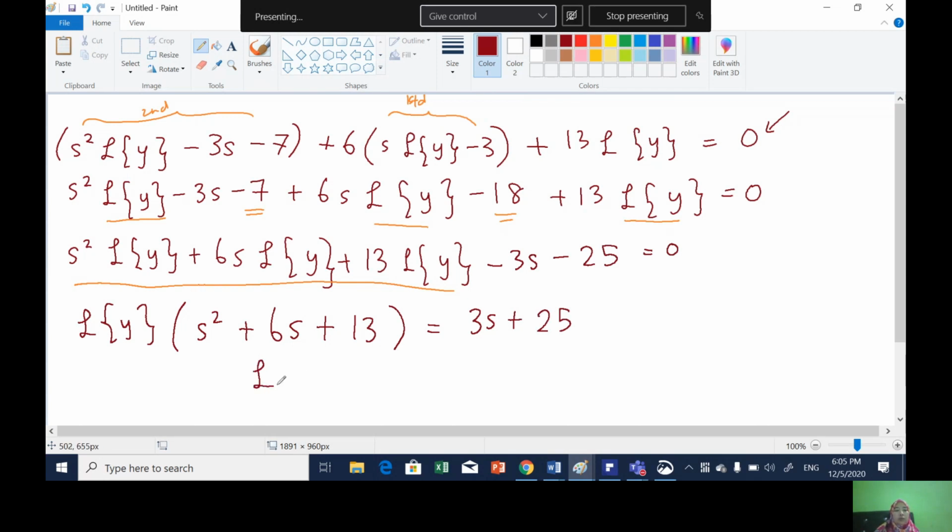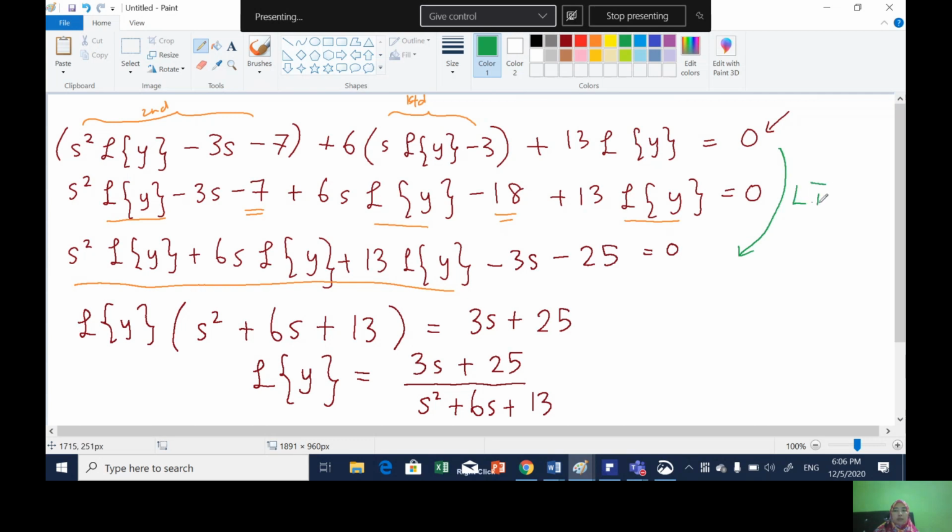Okay, so the one in the bracket, s squared plus 6s plus 13, bring it to the right hand side. So let L of y remain on the left hand side. From here to here, actually, we are using Laplace transform.